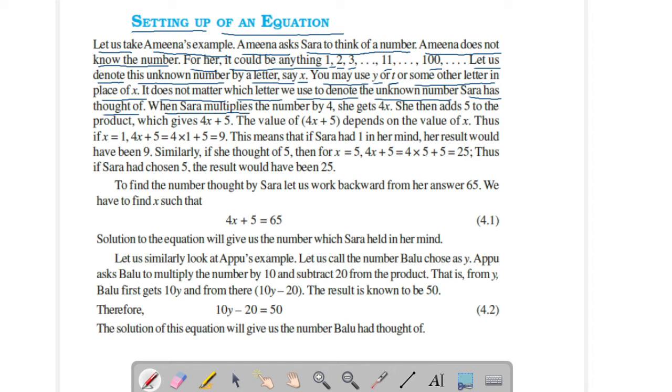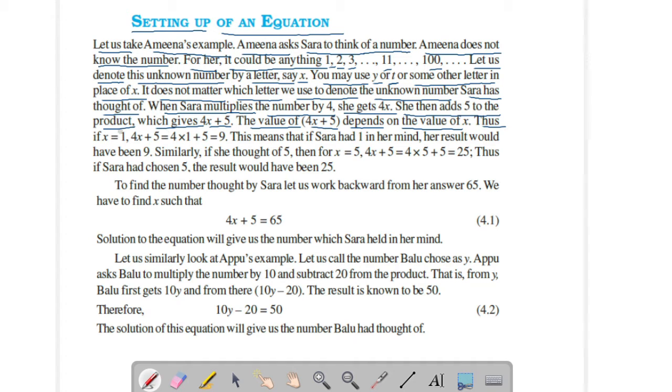When Sarah multiplies the number by 4, she gets 4x. She then adds 5 to the product, which gives 4x + 5. The value of 4x + 5 depends on the value of x.